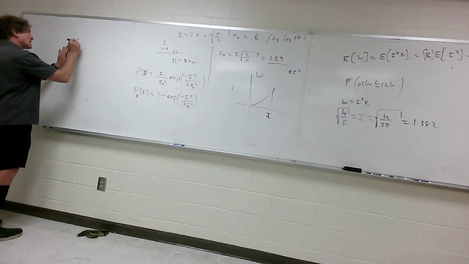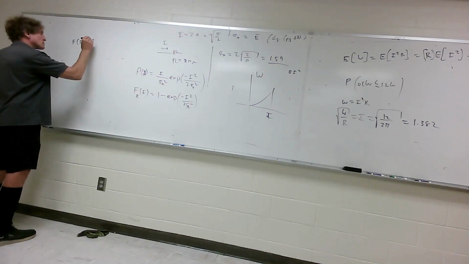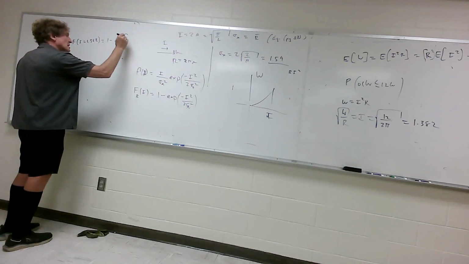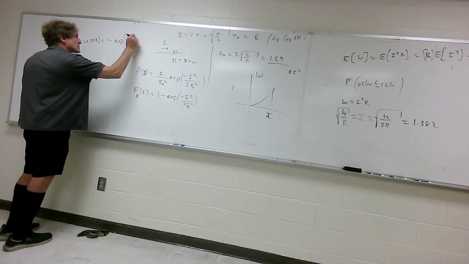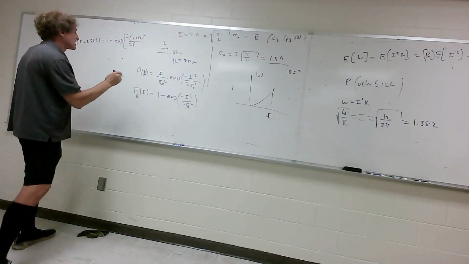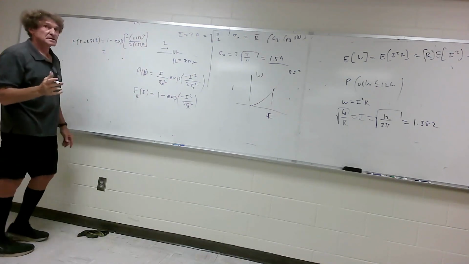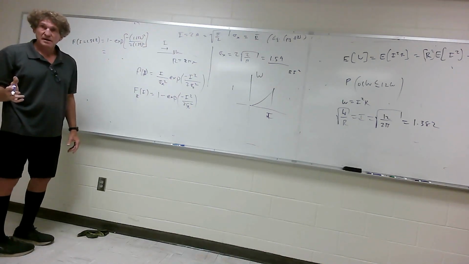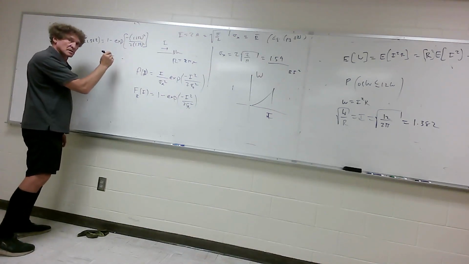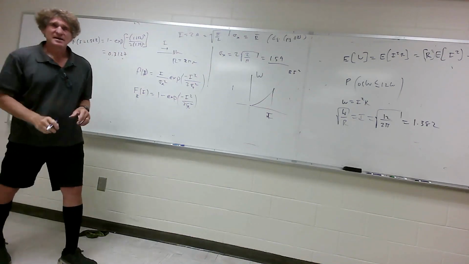F of r equals 1 minus EXP of minus 1.382 squared over 2, and sigma x is 1.59 squared. And that does give the right answer? The answer was 0.3127. Confirmed? Looks like that.